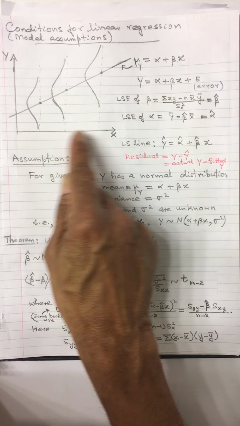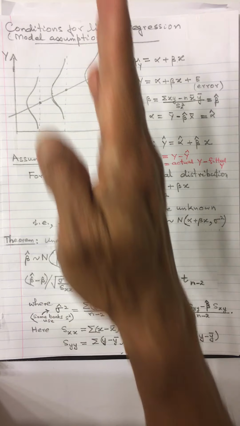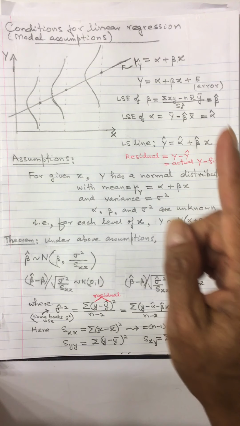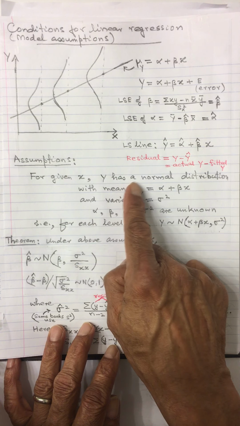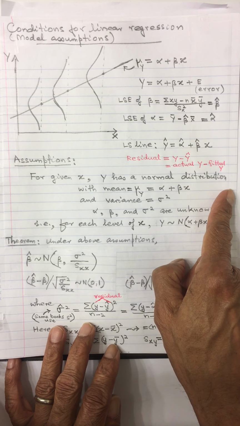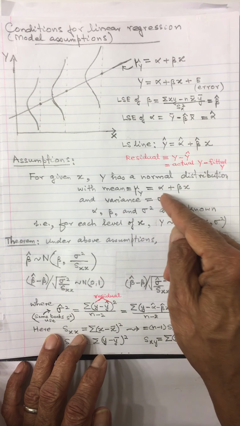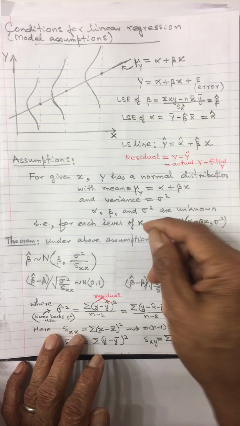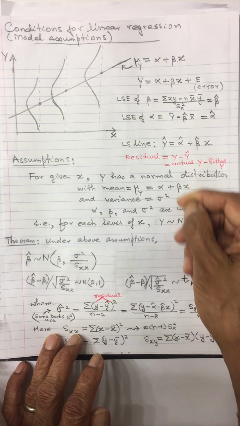So for a given x level, the assumption is that y is going to have a normal distribution with mean... So I am going to change that: instead of using simple a and b, alpha for a and beta for b.